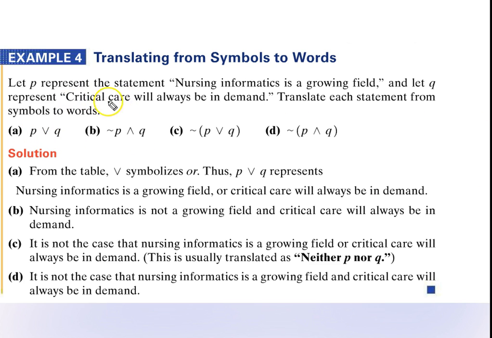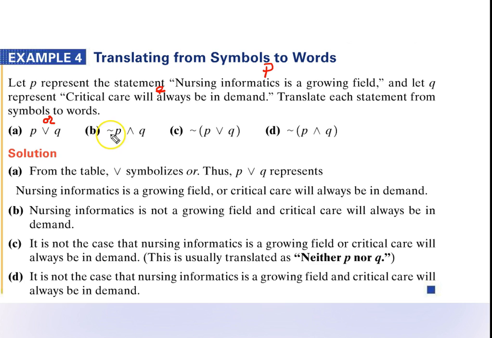P and Q. Now remember, P represents this statement here, and Q represents this statement here. So what connective are we going to use here? This would be an OR.